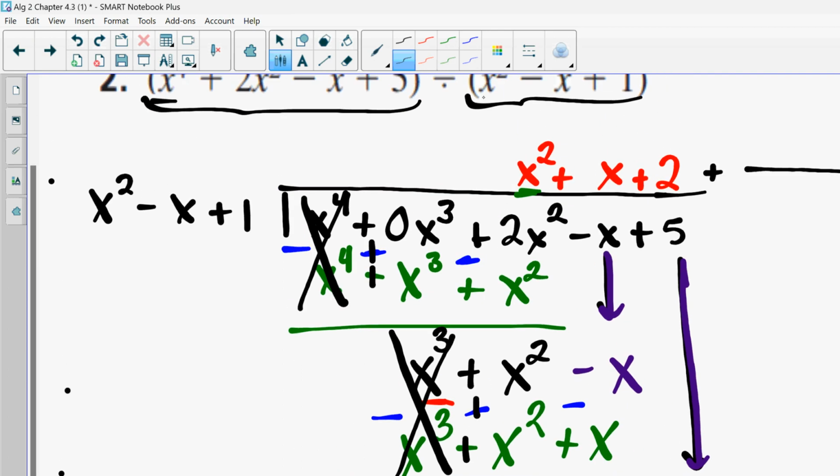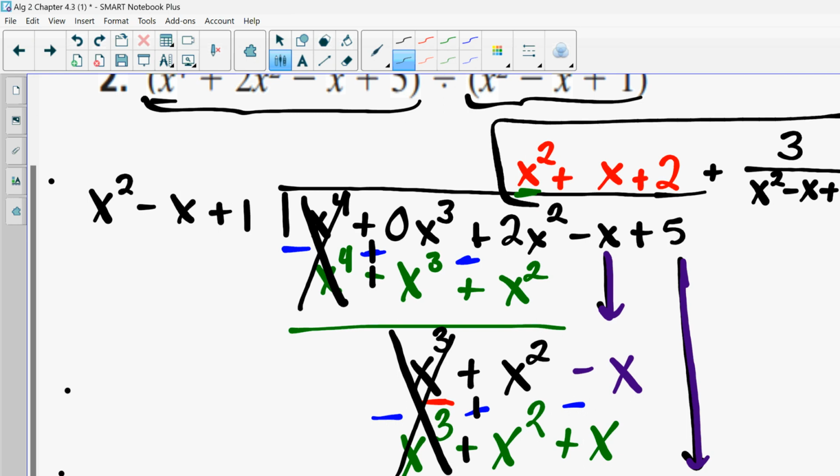So we do have to add the remainder back in. So it'd be plus 3 over our x squared minus x plus 1. And that's fine, because the degree of the top of our remainder is 0, because there's not a variable, so the degree is 0. The degree of the denominator is 2, so it works out.